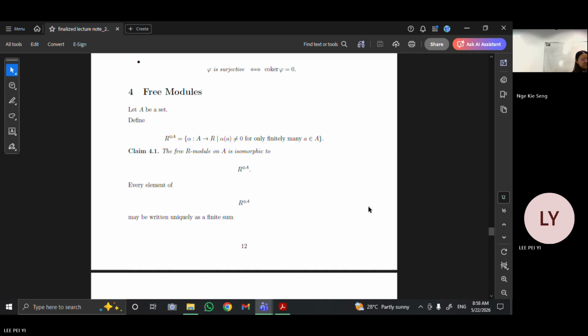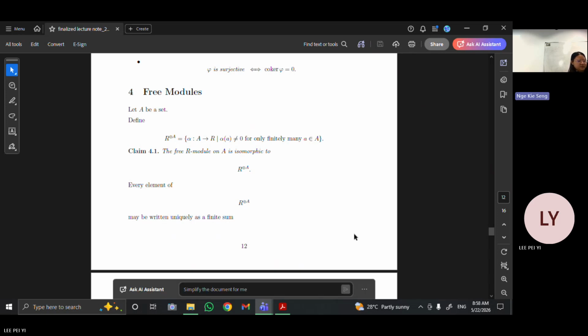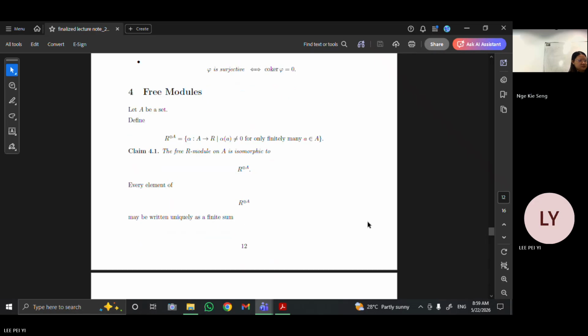The next is the free module. Let A be a set, and we define R^(A) to be the set of finitely supported functions.